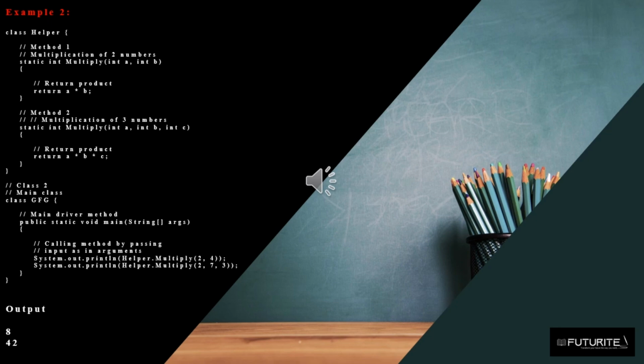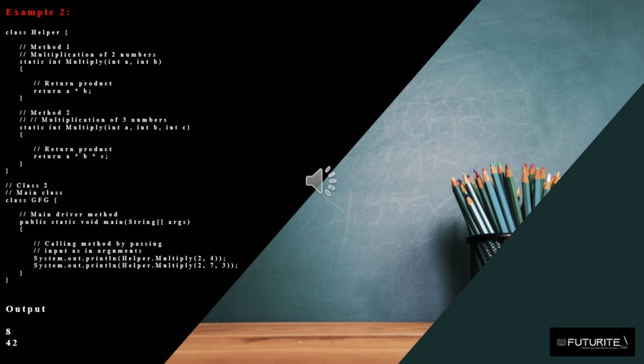So whenever you call these two methods from the main function under the GFG class, here Helper.multiply, where you are passing 2 values to these 2 parameters, it will call the first method. Where you are passing 3 values, for the second multiply method, it will call the second one.